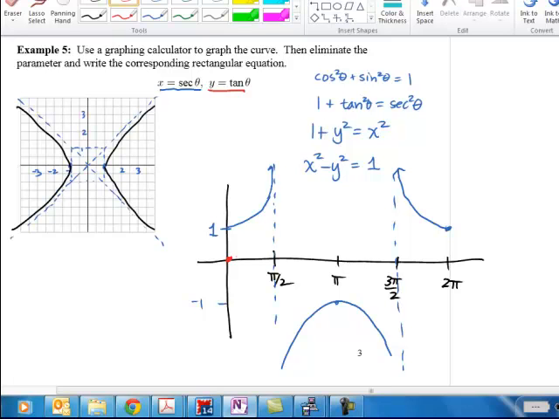It has the same asymptotes as this because it's sine over cosine, so the same problem points for tangent and secant. And when we're between pi over 2 and pi, tangent is going to be negative. And then when we pass pi, between pi and 3 pi over 2, tangent is positive again.